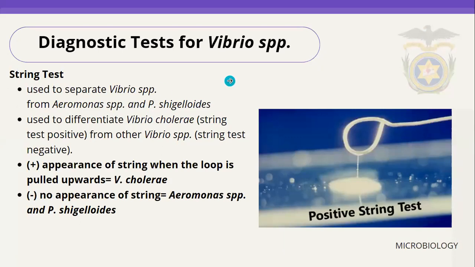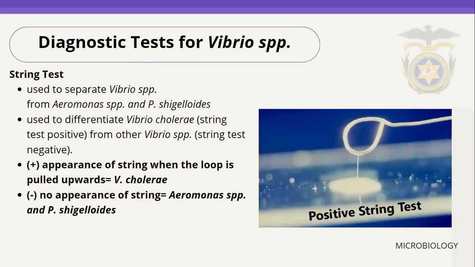So now let's proceed to the diagnostic tests for Vibrio species. For our first test, we have the string test, which is used to separate Vibrio species from Aeromonas and Plesiomonas shigelloides.